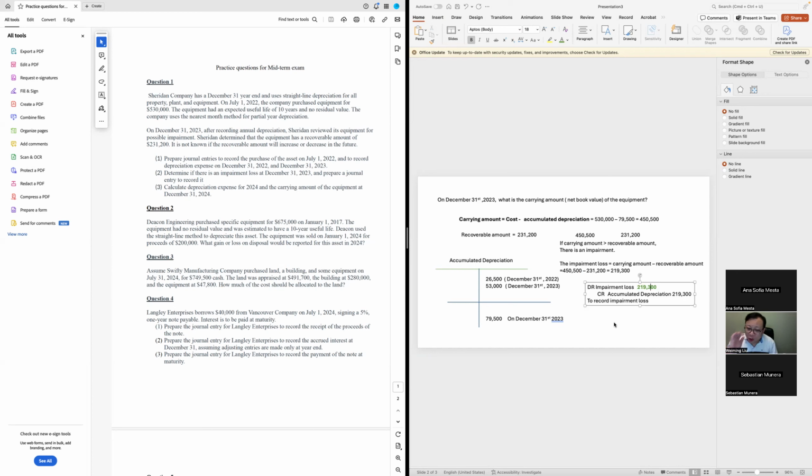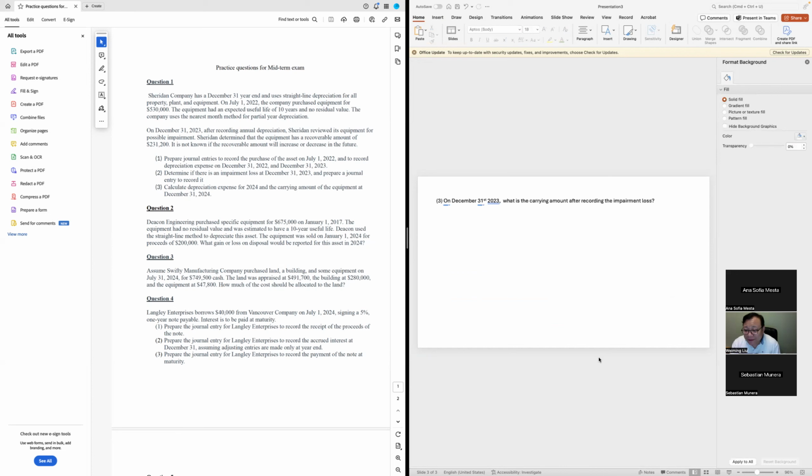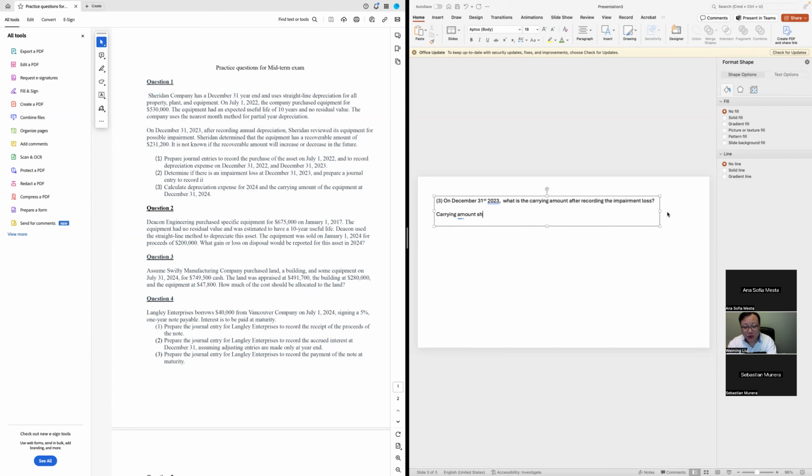Very good, Anna. When you are making this journal entry for impairment loss, you decrease the carrying amount to equal the recoverable amount. Okay. So after you make the impairment loss entry, your carrying amount should be equal to the recoverable amount, right?